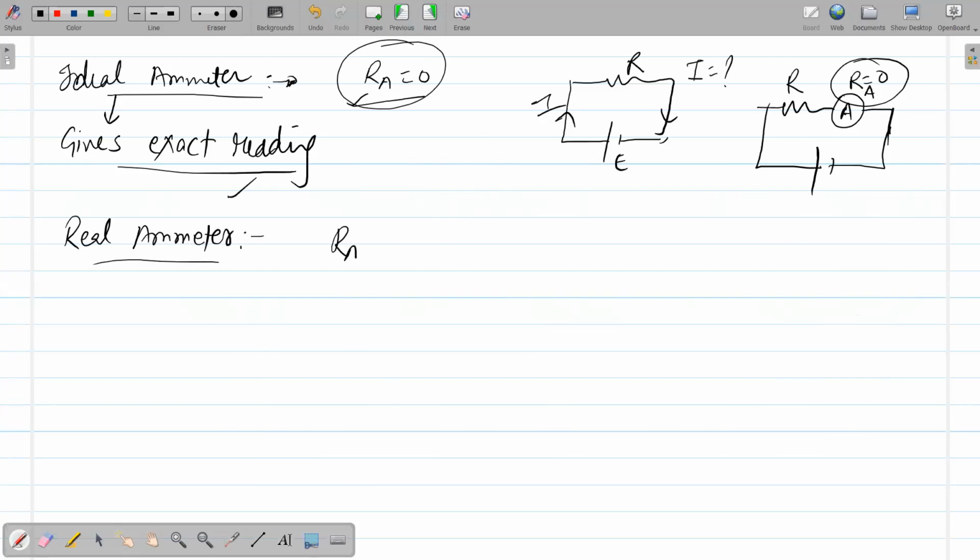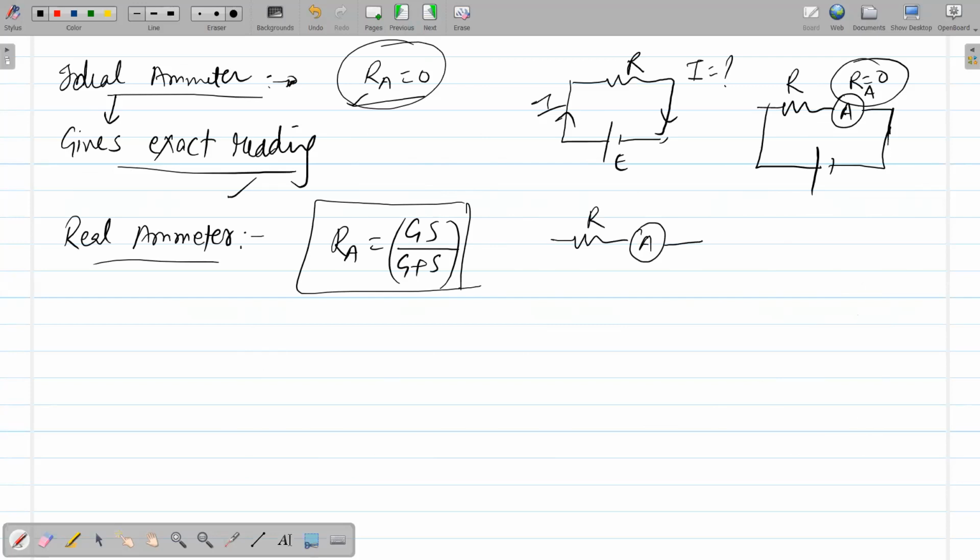We have resistance GS by G plus S, and this creates a problem. When you connect this ammeter in series with some resistance, it will affect the resistance of the circuit, and so it will affect the current flowing through the circuit. So definitely the value measured by this real ammeter won't be the accurate value, won't be the exact one.